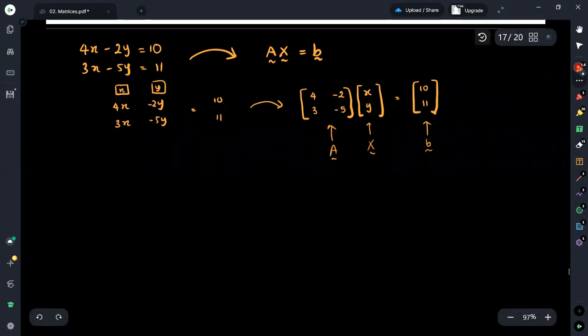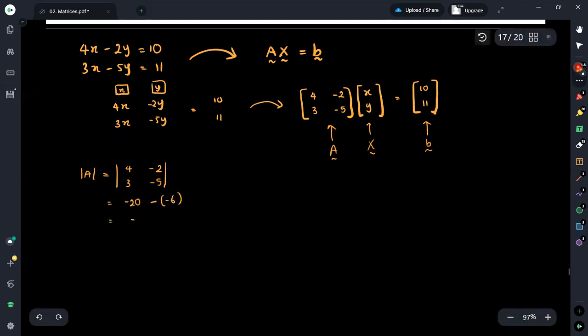To check whether the system has solutions or not, we need to check the determinant of the coefficient matrix. It is 4, -2, 3 and -5. Then I get 4 times -5, which is -20, minus 3 times -2, which is -6.